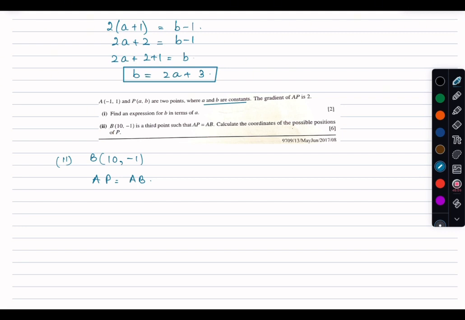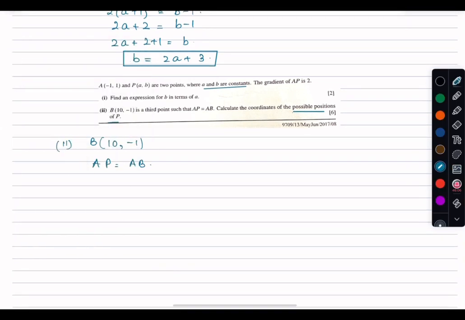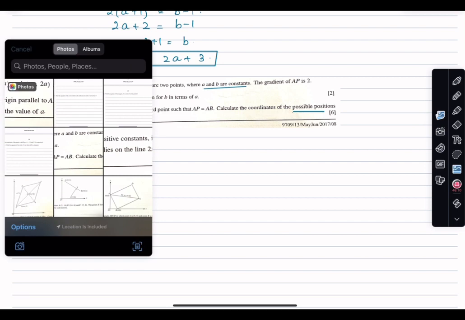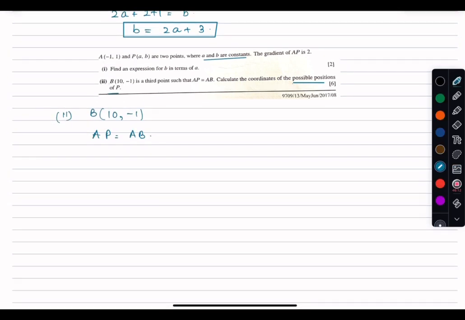Calculate the coordinates of the possible positions of P. Now they are talking about the distances here. So what we know is that A has coordinates negative 1 and 1, and P was having coordinates which were a and b, and there is a third point B, which is 10 and negative 1, and they are saying that AP is equal to AB.